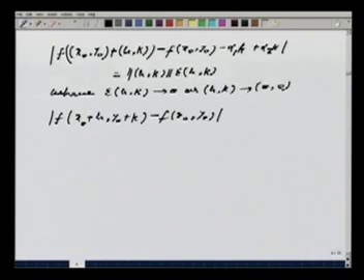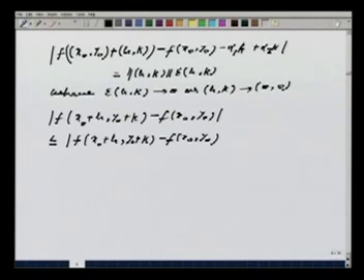I can say that this is less or equal to modulus of f of x naught plus h, y naught plus k minus f of x naught y naught minus alpha 1 h minus alpha 2 k, plus alpha 1 h plus alpha 2 k.